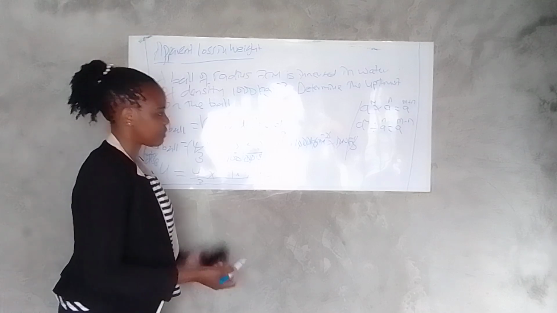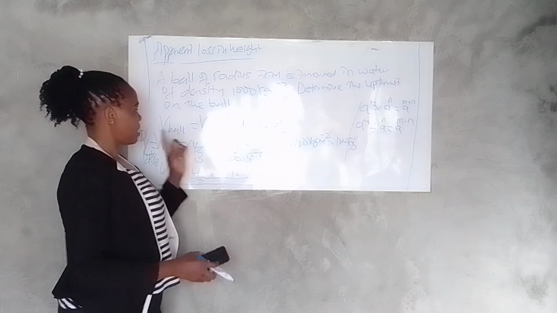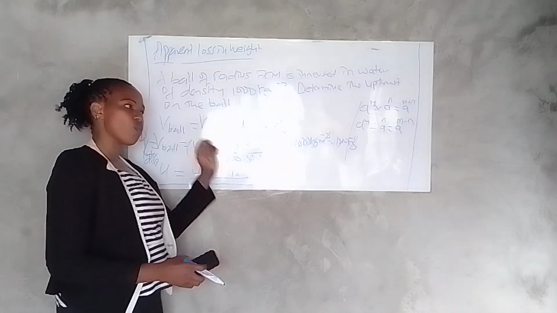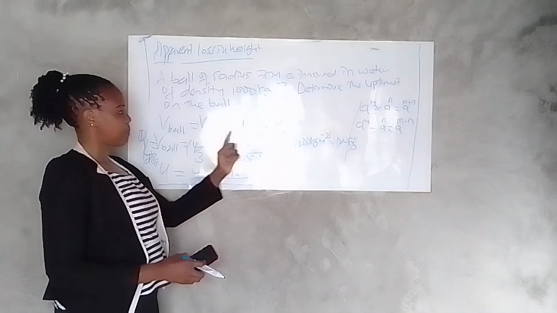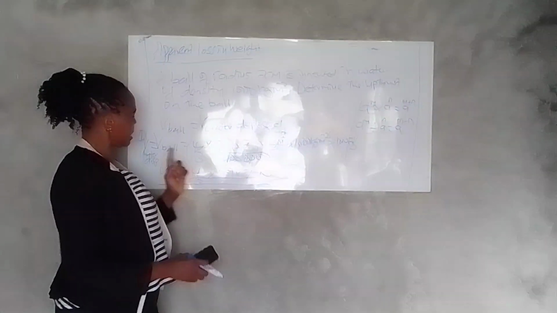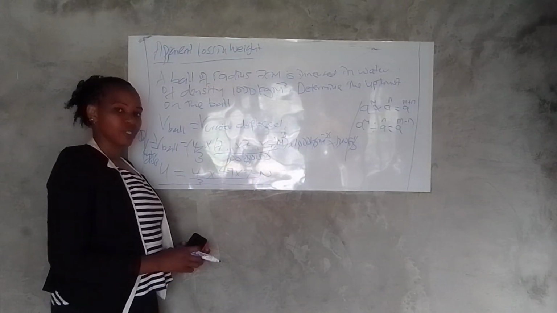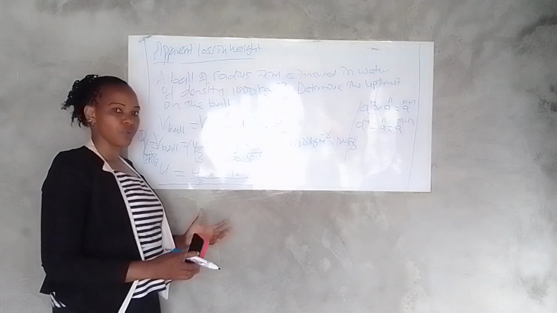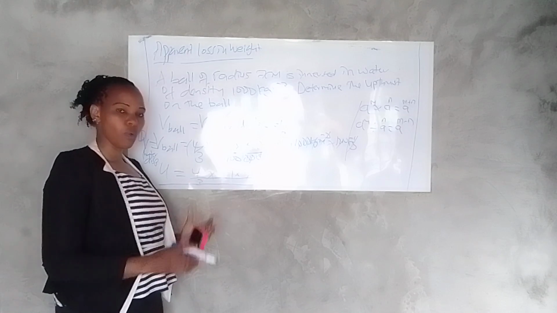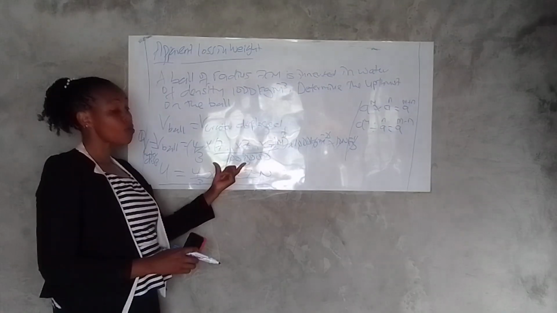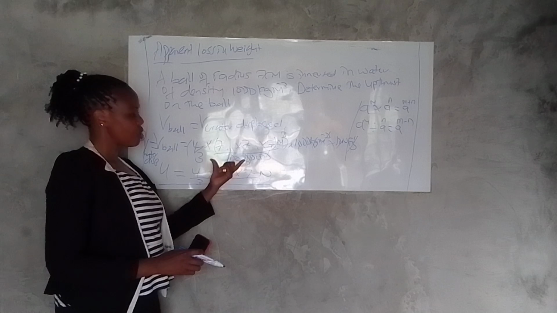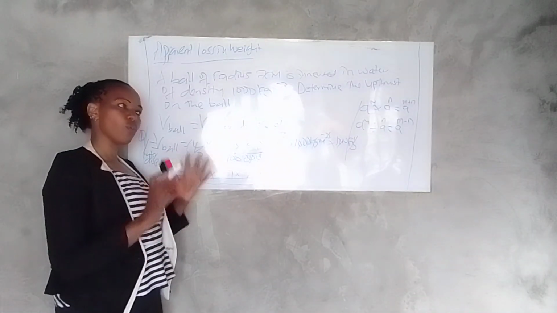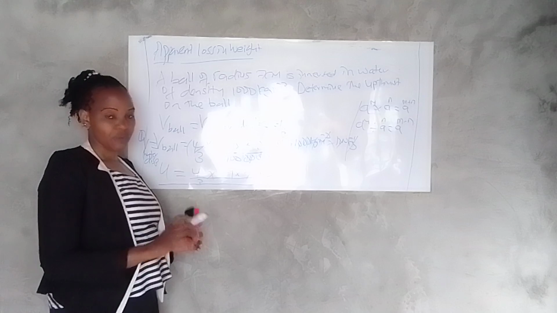So it's very easy. What you need to notice is, number 1, the volume of the ball is equal to the volume of the water that is displaced. Number 2, that volume of displaced water times the density of water gives you the mass of the water displaced. We're almost there.